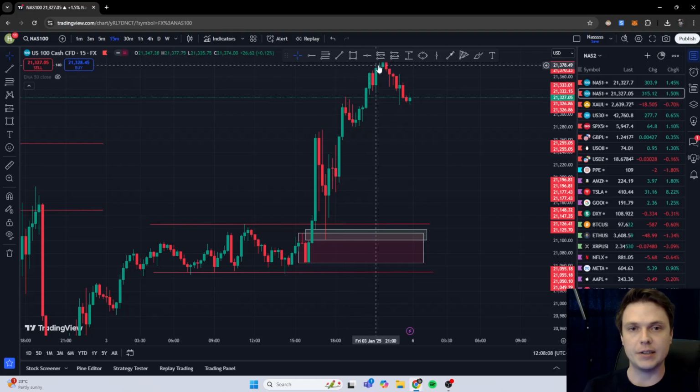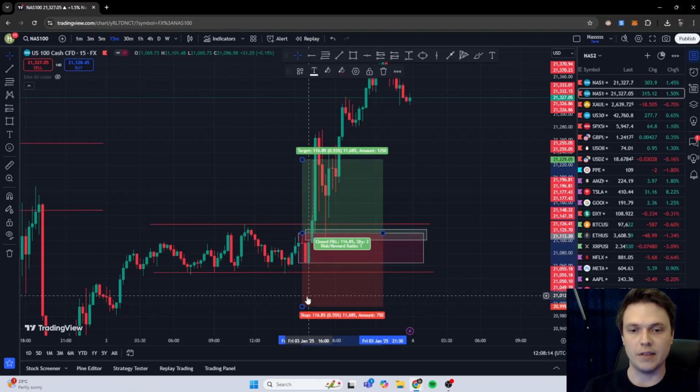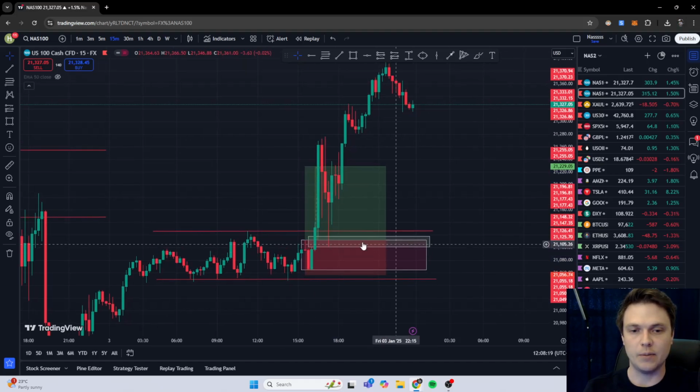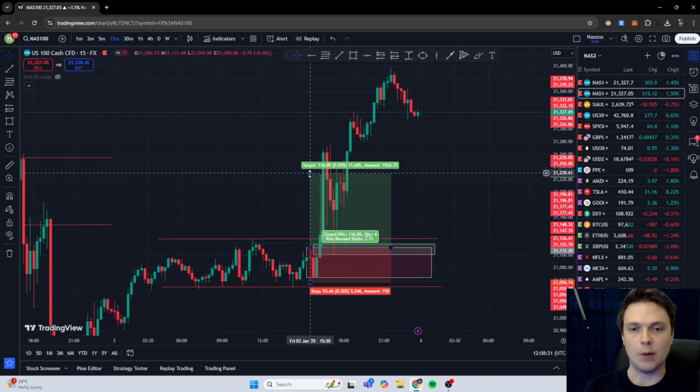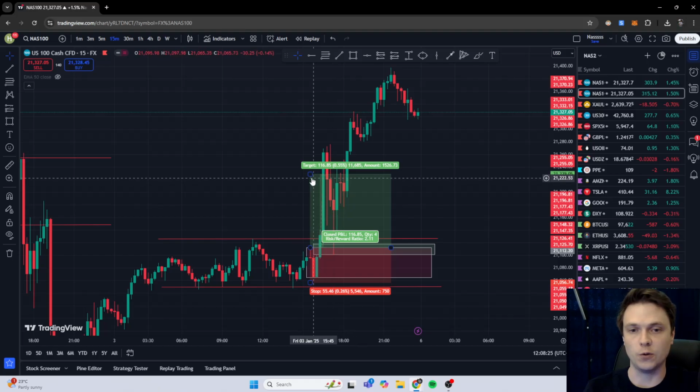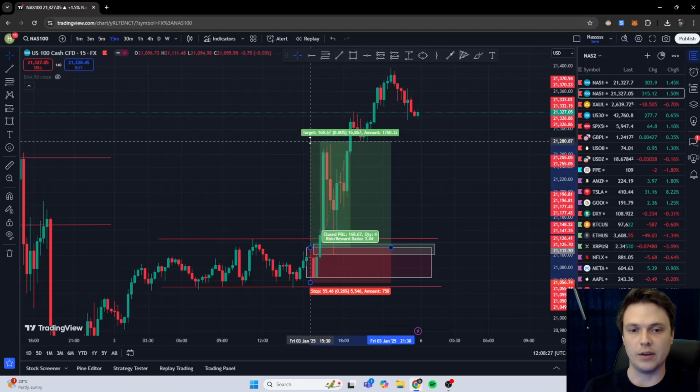But what I would do is I would mostly enter on that order block's top end over there. I would place my stop loss just below that order block, and I would make my risk to reward ratio like 3-1 or 4-1. For example, there you can have your 3-to-1 risk to reward just like that. But you can do it in multiple ways.